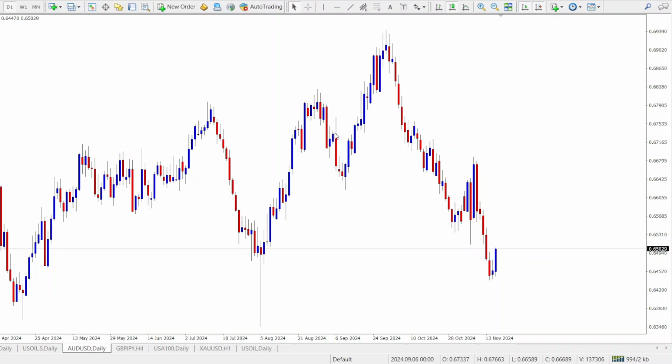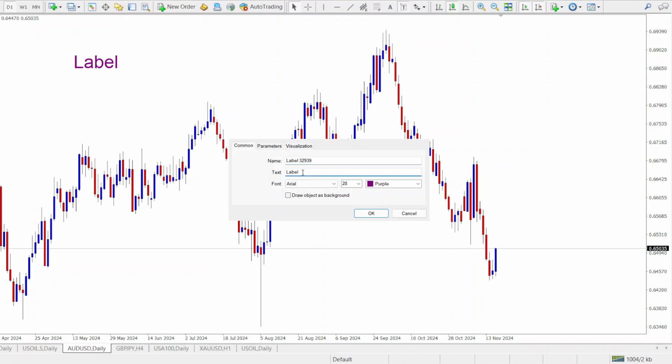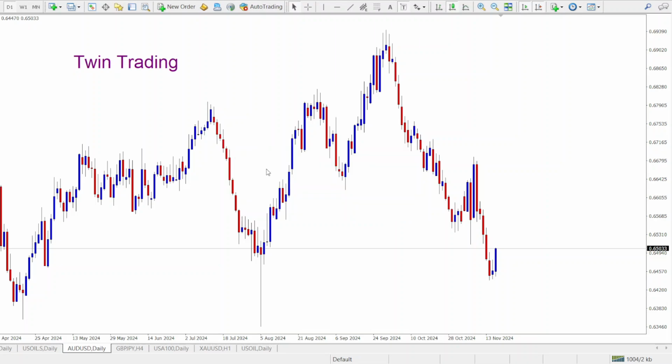What exactly is twin trading? All right, twin trading. So what does this mean? At its core, twin trading is a strategy where you split a single trade setup into two separate trades.